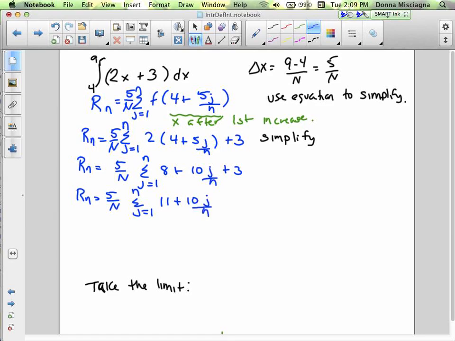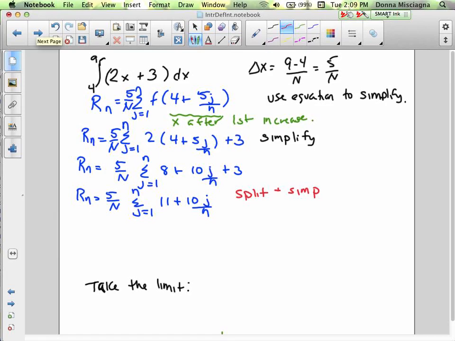All right, now let's split this Riemann sum. Or better, this is called a summation. Let's split the summation. Split and simplify summation.